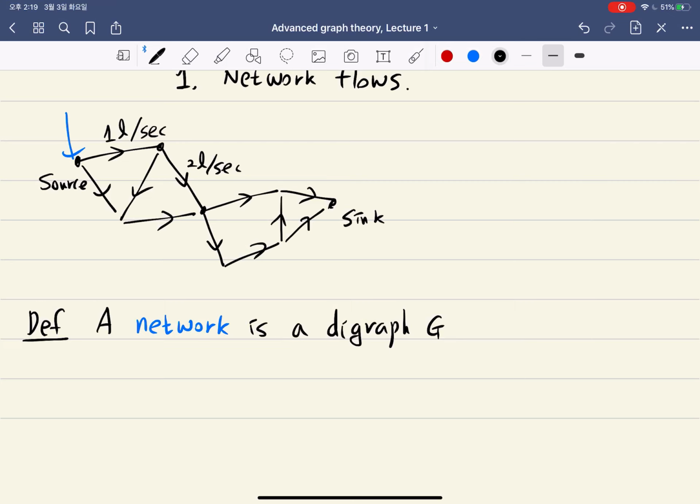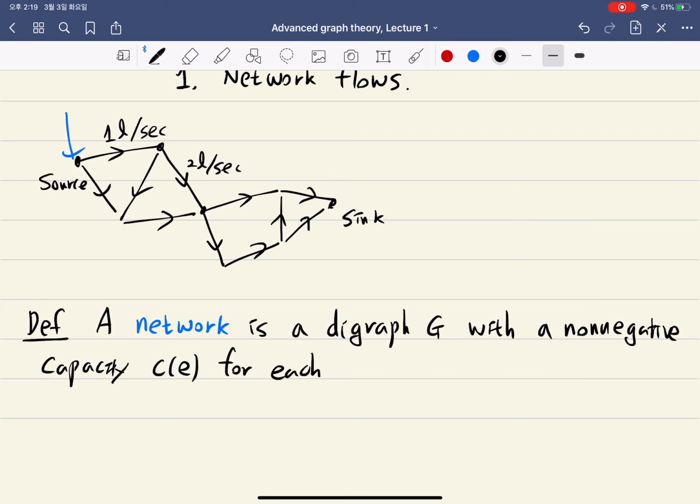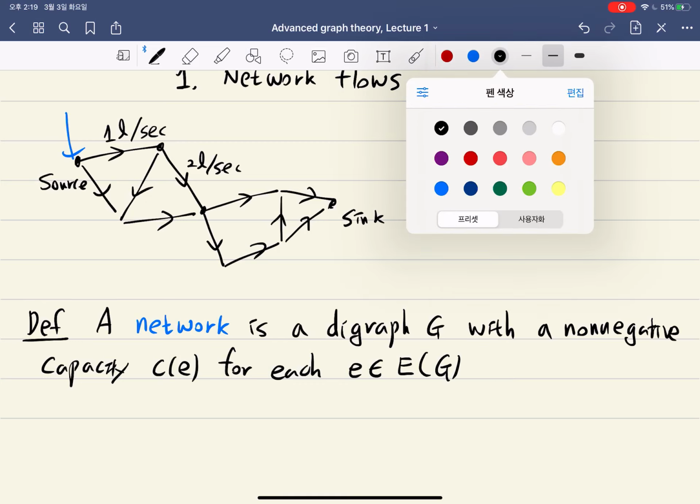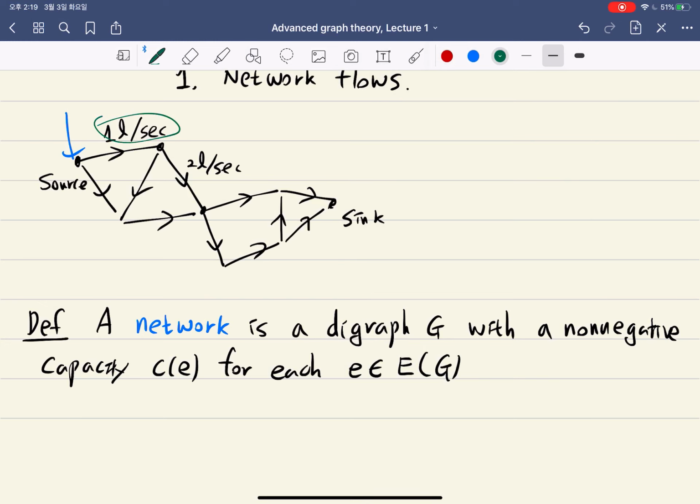So a network is a directed graph, but it's more than that. It's equipped with a non-negative capacity for each edge. This is exactly the amount of water that we can flow, the capacity of the pipe.